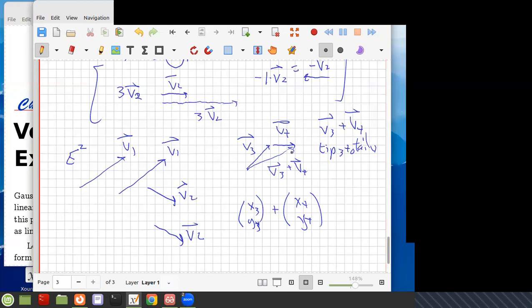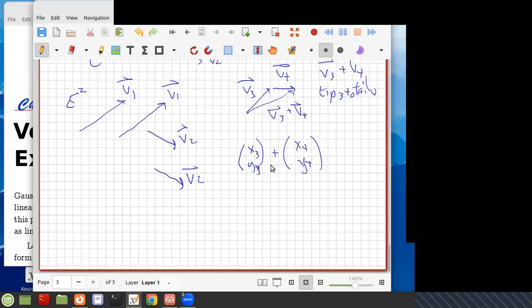So I may set this up to model some physical situation, but then I can convert it to these column vectors and do the sum, and I'm going to get whatever's going on in the geometry from algebra. Okay, so that is the value, and the connection is going to be fairly straightforward.